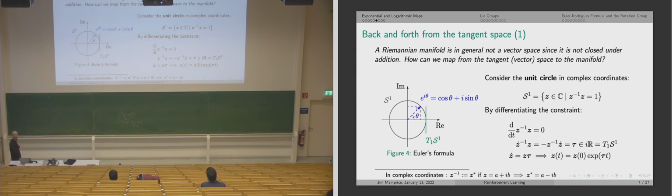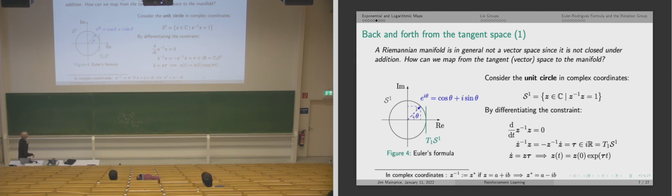So if you have a velocity and you integrate that velocity and you remain on the circle, then depending on that velocity, the stronger the velocity, the more angle you will follow. And that velocity is constant, by the way.